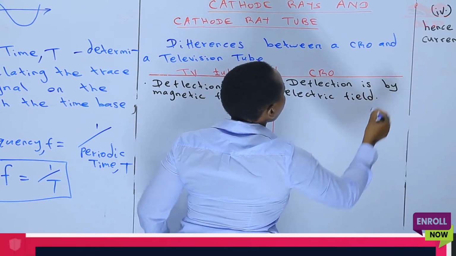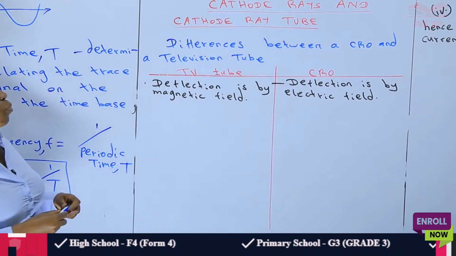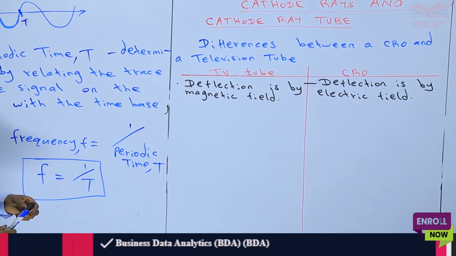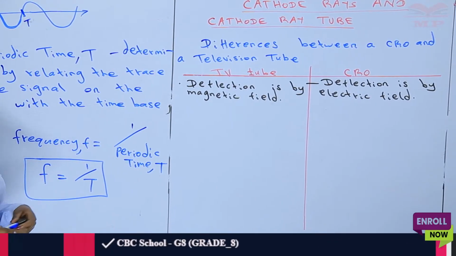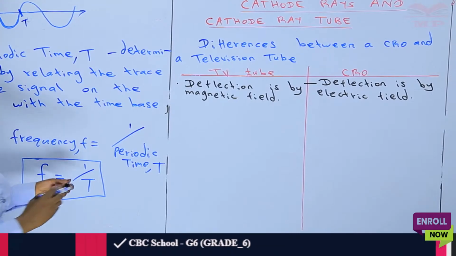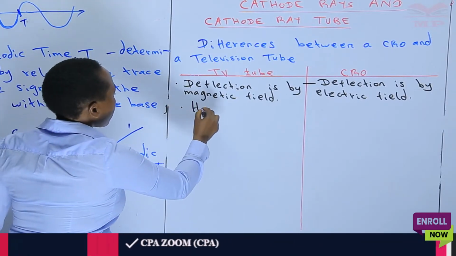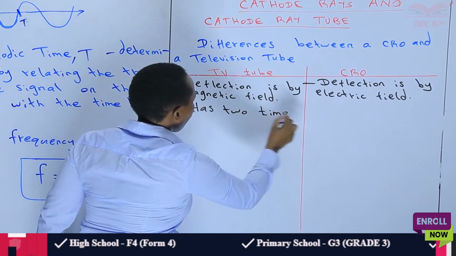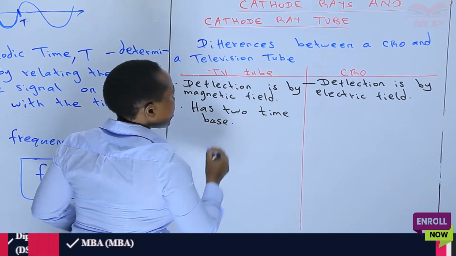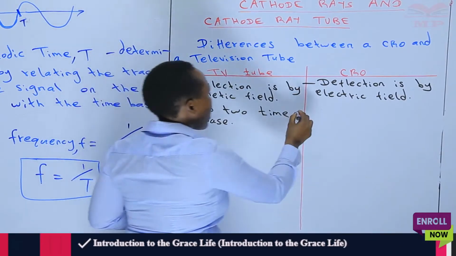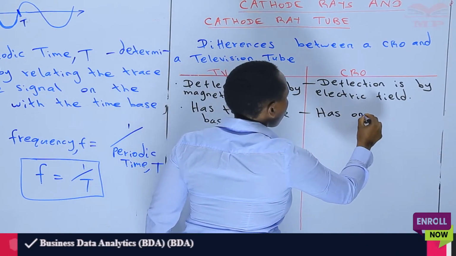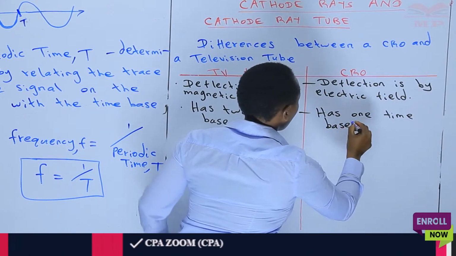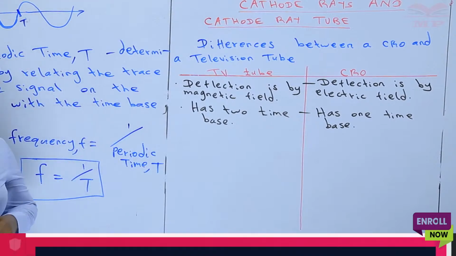So you need to know that in a TV tube, the deflection is by the magnetic field, whereas in a CRO, it's by the electric field. Then a TV tube has two time bases, whereas in a CRO, as we mentioned, it has only one time base, which we said is on the X plates.